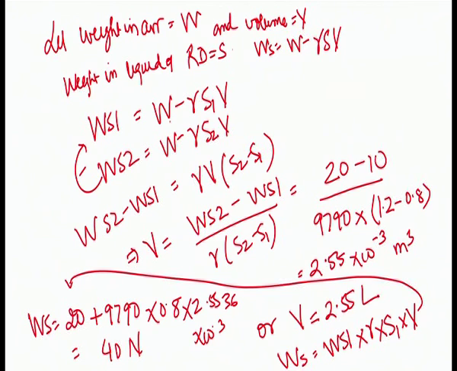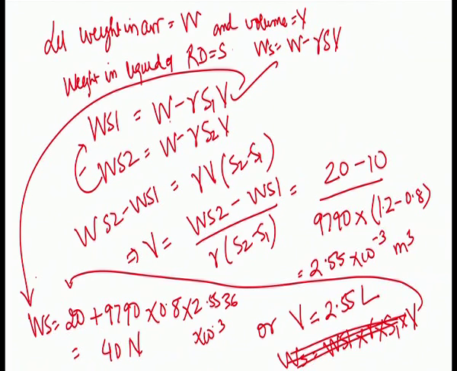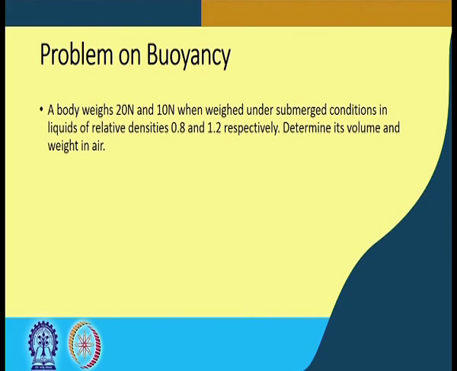So yeah, that WS1 we have already found out because it was 20, so we are using this equation. To calculate weight we are using this equation actually, fine. So this solves our last question, okay.